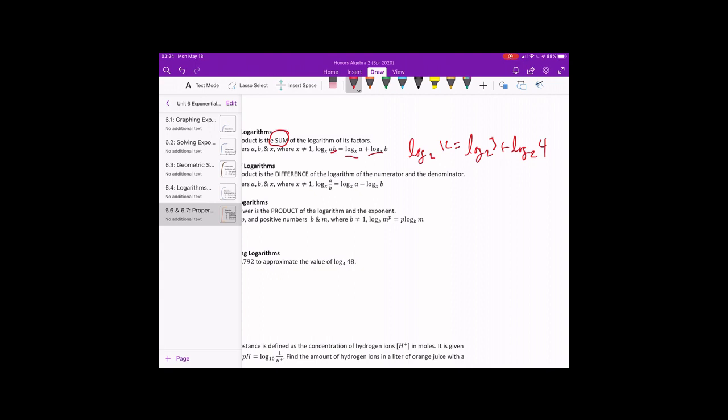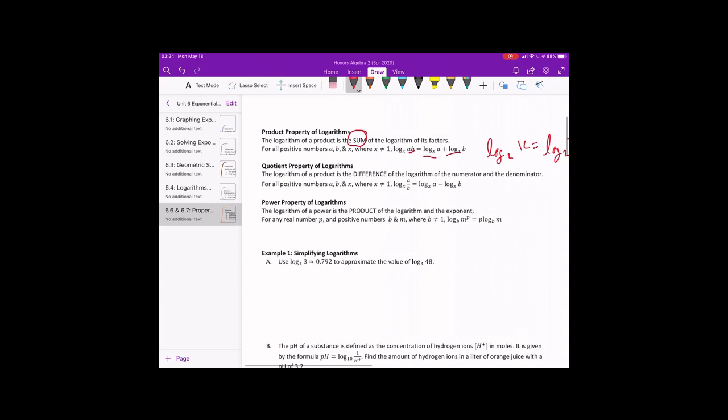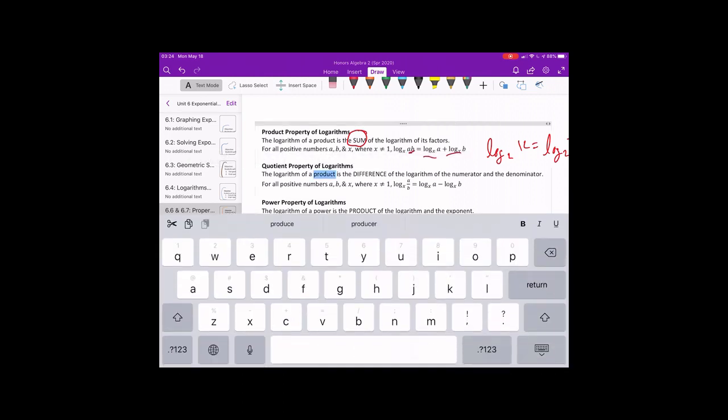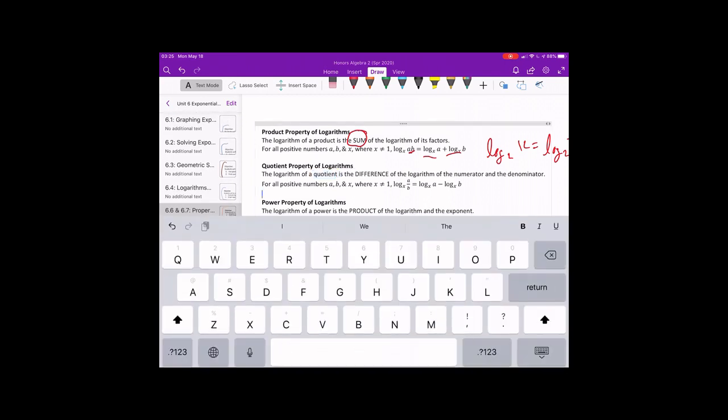Okay? The quotient property is the same, except instead of a sum of the logarithm, it'll be the difference of them. And obviously here, we're going to make this correction in the notes right now. This is not the product, but this is the quotient of the logarithm.